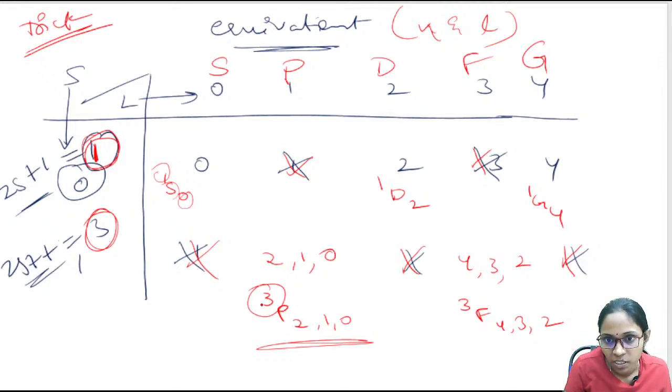Out of these 6 spectral terms, what will be the ground state spectral term? We have to find this out. So after finding the largest multiplicity, what you have to check is the S value. What is S here? Let's see.